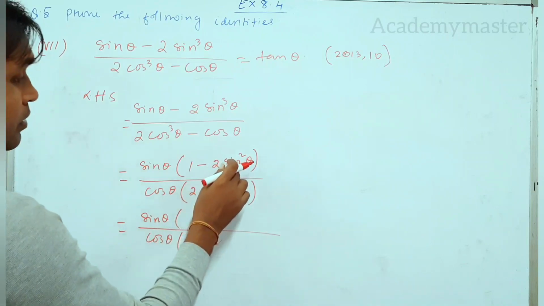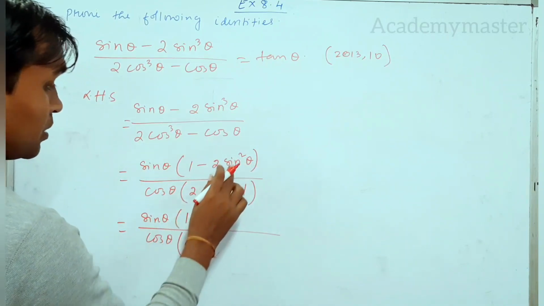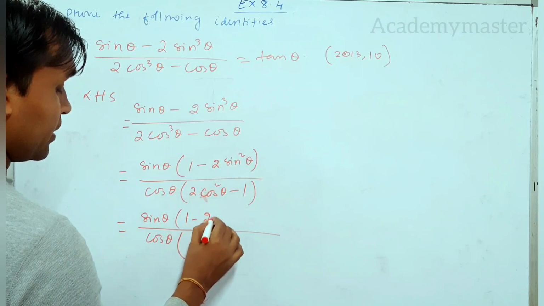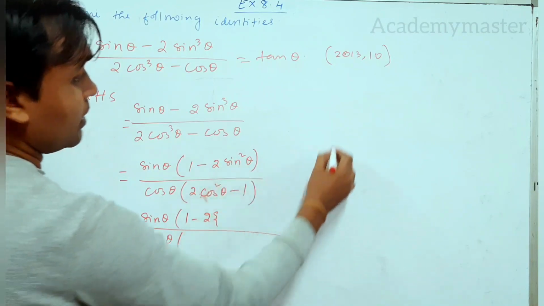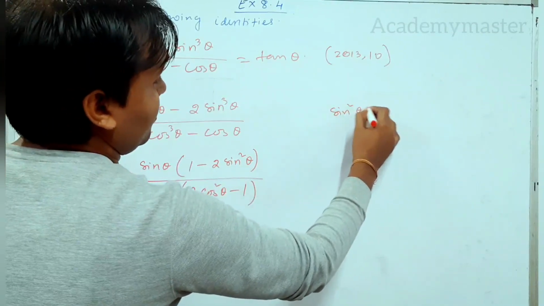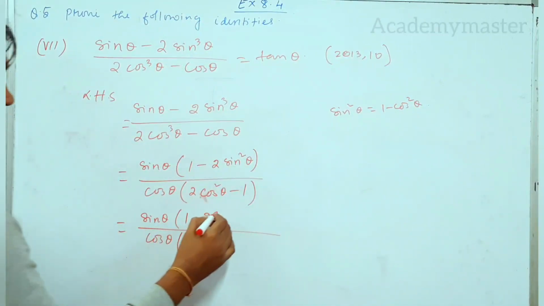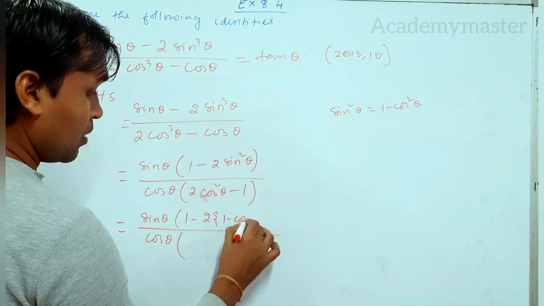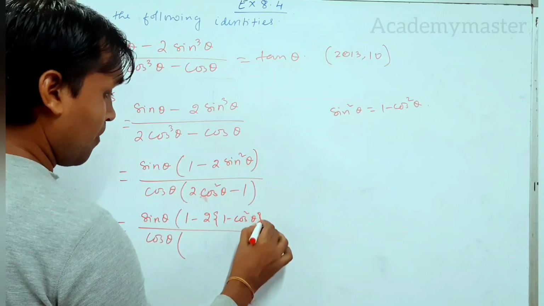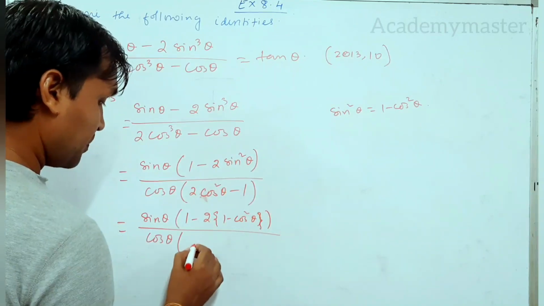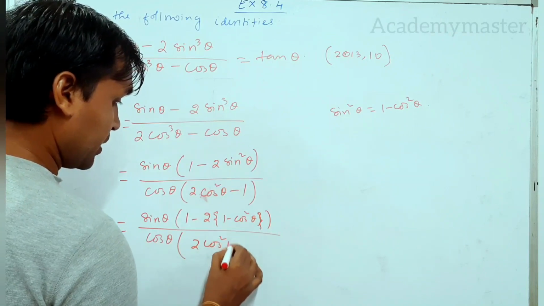So we'll change this one in terms of cos. Sin square theta, I have told you, is equal to 1 minus cos square theta, right? So we'll use that formula, 1 minus cos square theta, and down we keep it as it is.